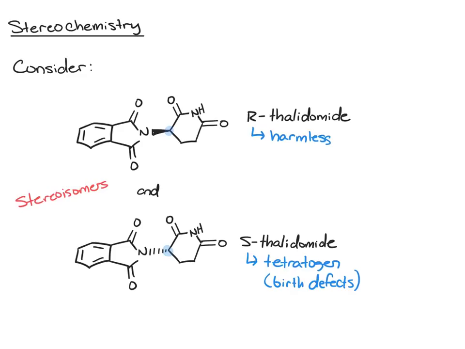So the three-dimensional structure of molecules has a huge consequence on how these drugs work. This is why, as chemists, we must have a fundamental understanding of the structure and properties of different stereoisomers.